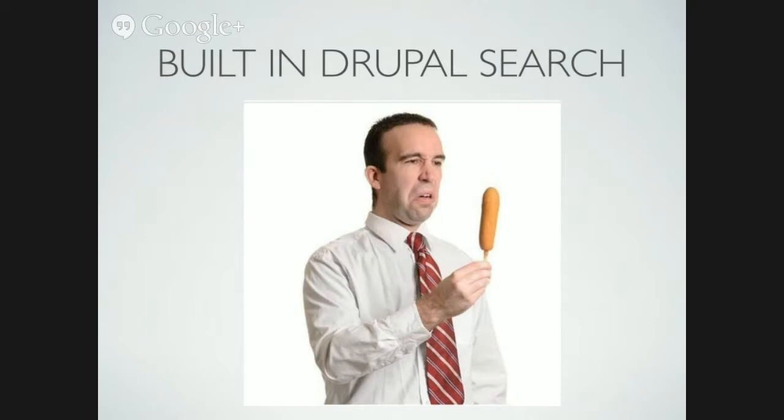I really hate corn dogs, by the way, so you can substitute your least favorite food on a stick if you want. Corn dogs are okay if you like corn dogs, but when your client has asked for ice cream and that's what you give him, and generally when you do basic Drupal search, and a lot of the time even just views and exposed filters, really that's what you're giving them: a cold corn dog. And what you want is ice cream.